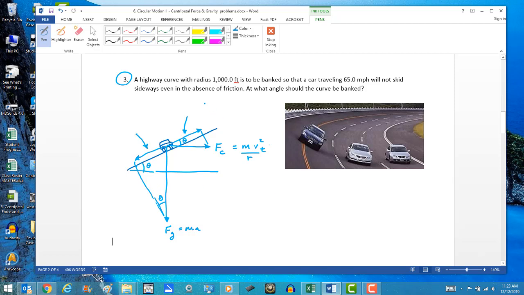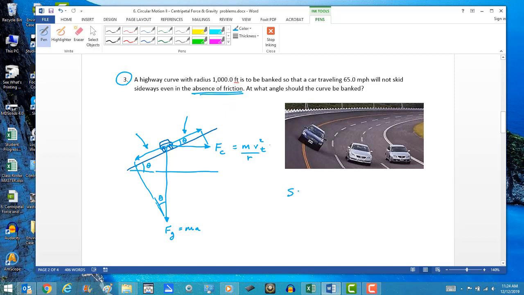And so even on a nice icy day where you have an absence of friction, the car isn't going to, number 1, spin off outward and go over the guardrail and crash, and number 2, isn't just going to slide downward in towards the middle.